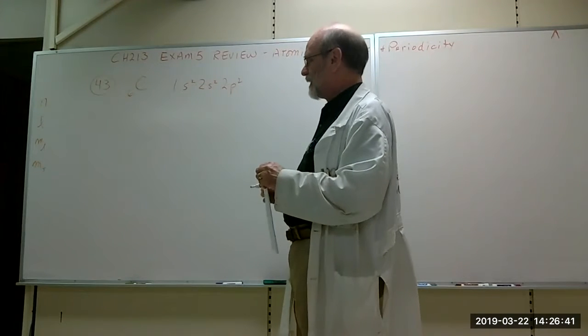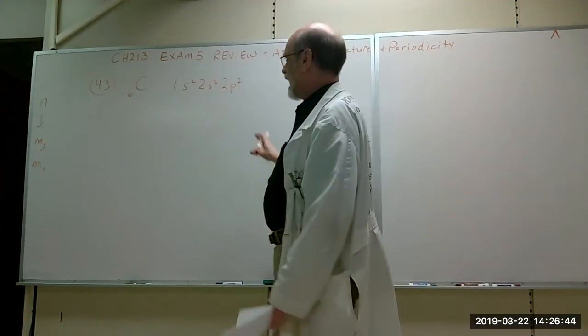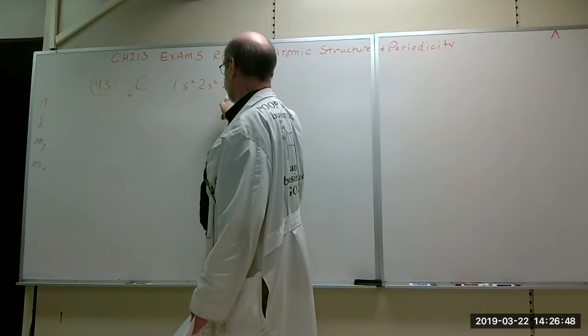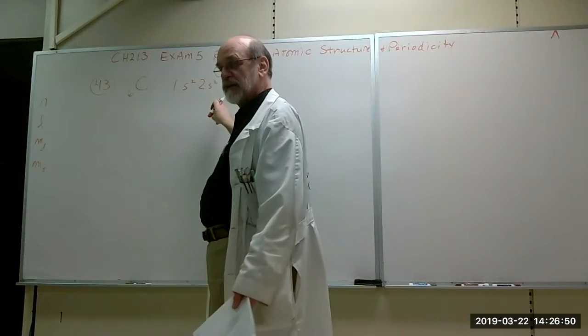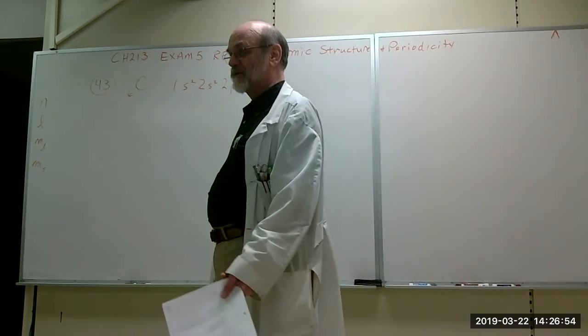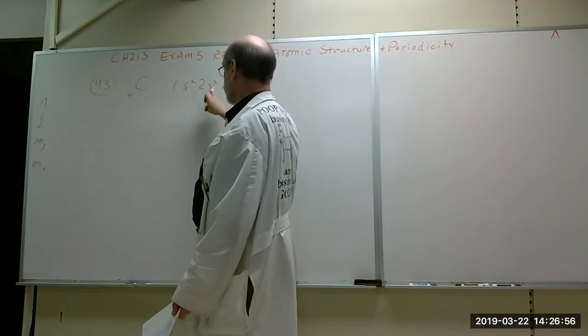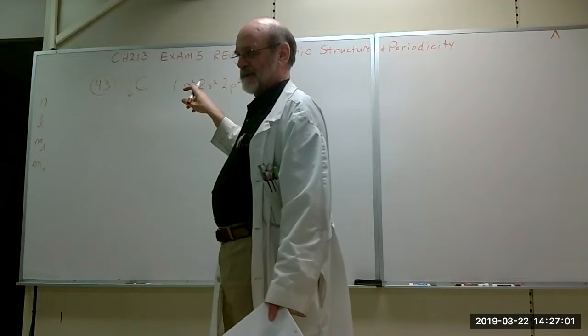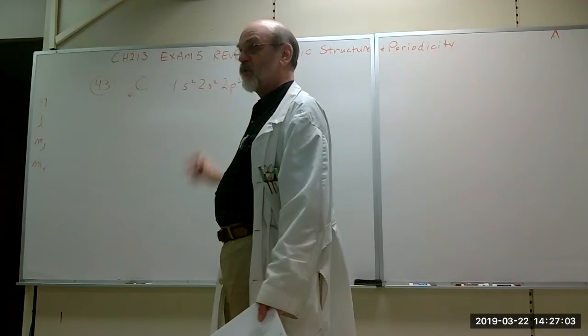But you're going to find out later that this orbital is different than that orbital. So when you form bonds with various elements, it doesn't form a separate bond with that one and a separate bond with that one. Carbon usually forms 4 equivalent bonds.